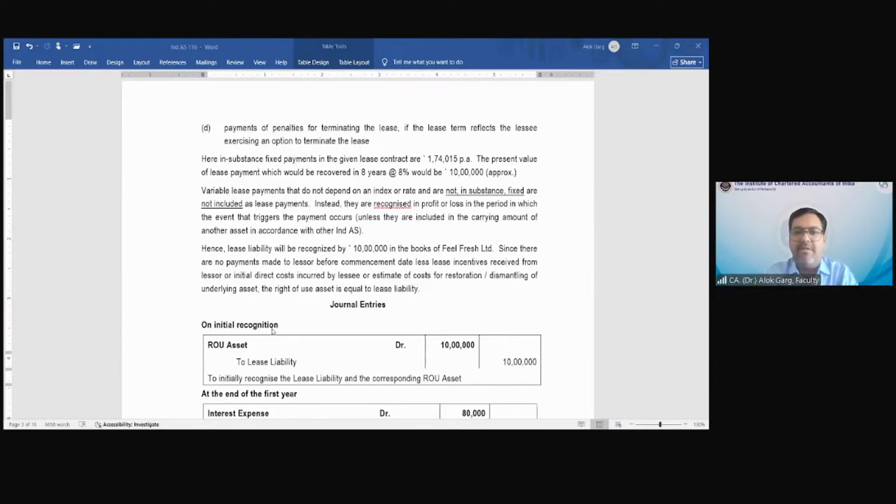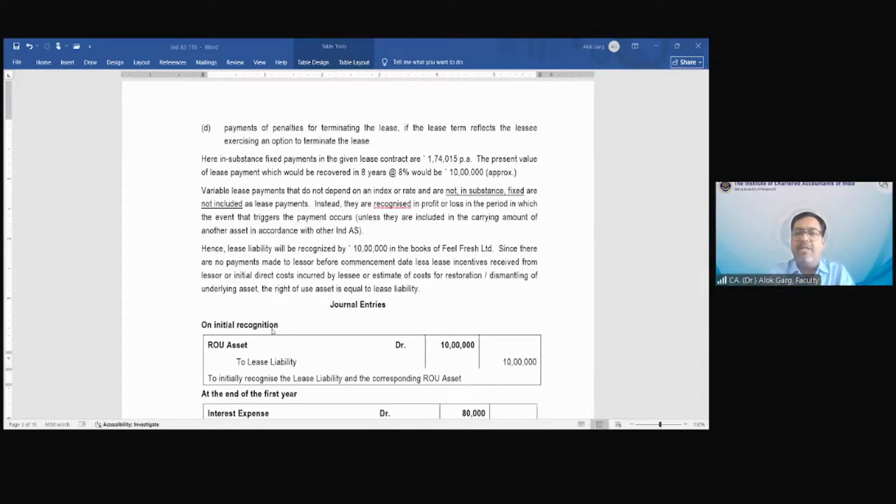Lease liability schedule: opening balance, interest cost, then payment, closing balance.